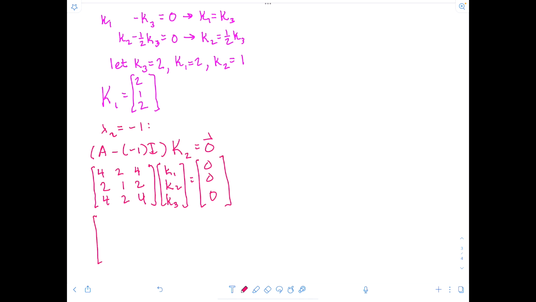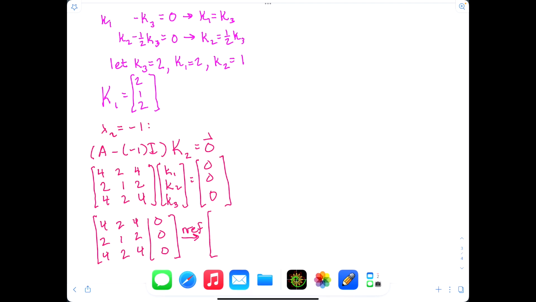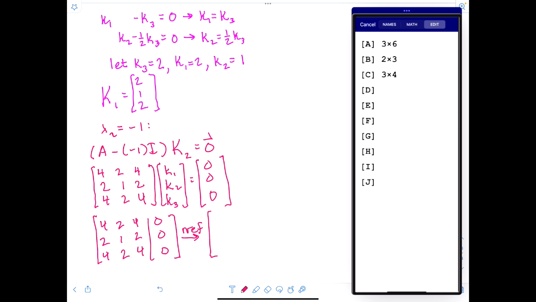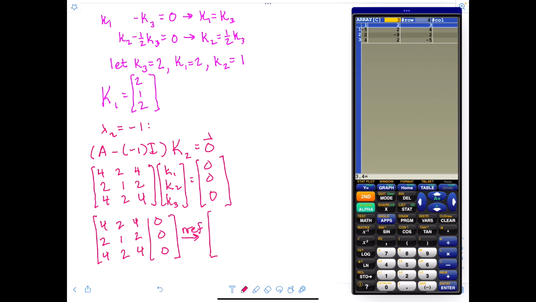So setting up the augmented matrix and using our technology, I'm going to go back to matrices, and then I'm going to edit matrix C because it'll be pretty similar.